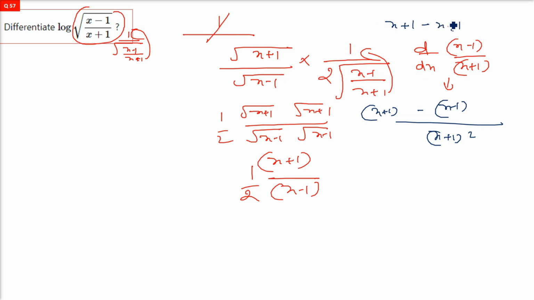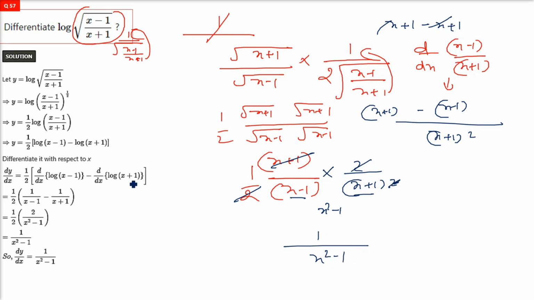So you get x plus 1 minus x plus 1, x gets cancelled, and you get 2 divided by x plus 1 whole square. Now 2 gets cancelled, x plus 1 gets cancelled. You have in the denominator x plus 1 into x minus 1. By the a plus b, a minus b formula, that is a square minus b square, you will get 1 by x square minus 1.